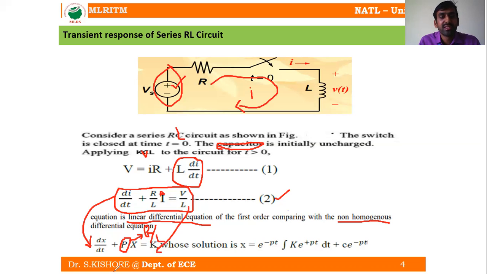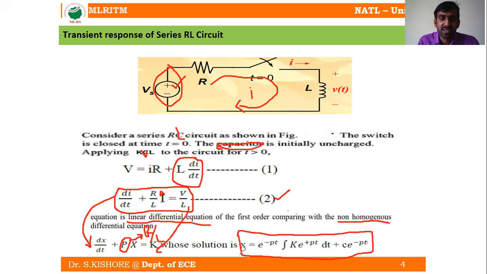Now for this form, dx by dt plus px is equal to K, you have already studied the solution for the first order non-homogeneous linear differential equation. What is the solution? The solution is going to have two parts, that is two responses. One is the complementary function and the other one is the particular integral.